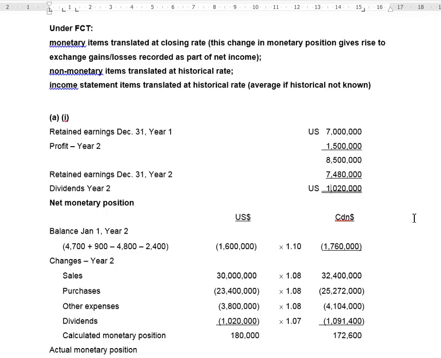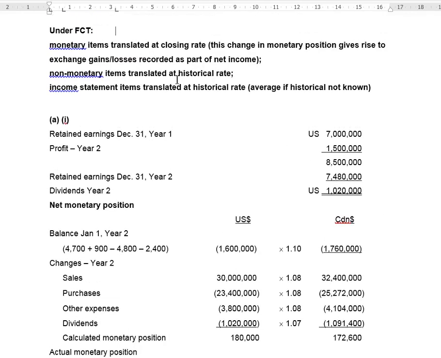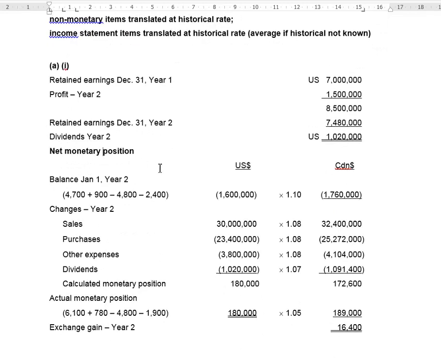So in order to calculate this exchange gain or loss, let's have a look at our monetary position and what changed it during the year. So our opening monetary position at January 1, year 2 was what? Any of our monetary assets, which in our case here would include our accounts receivable and cash of 4.7 million US and 900,000 US, right?